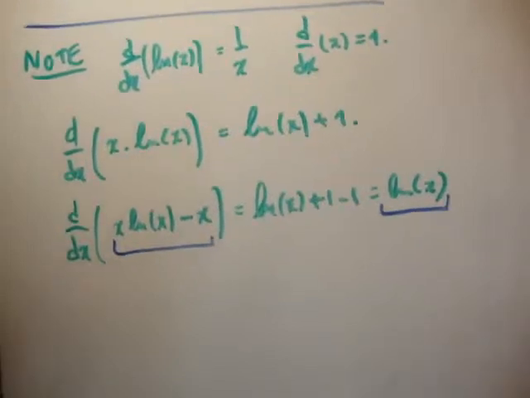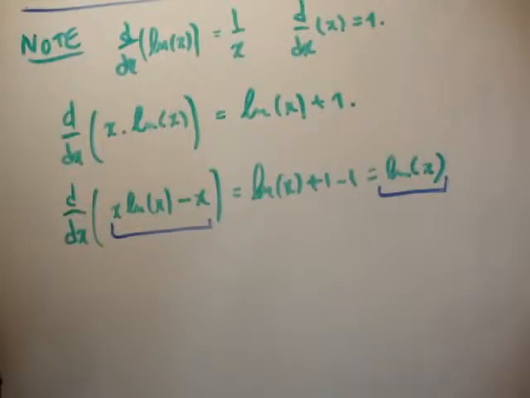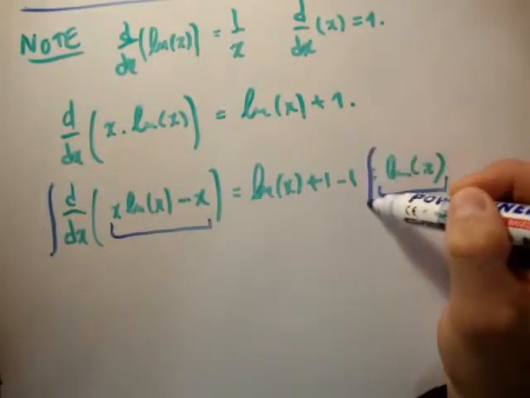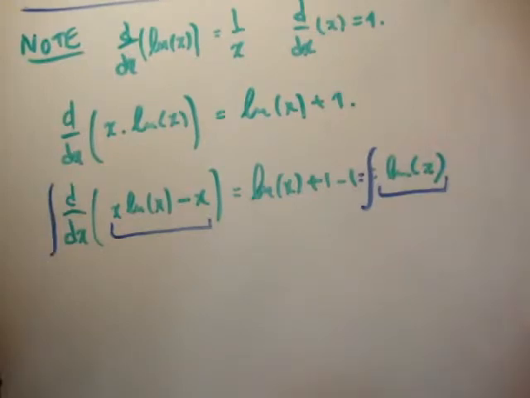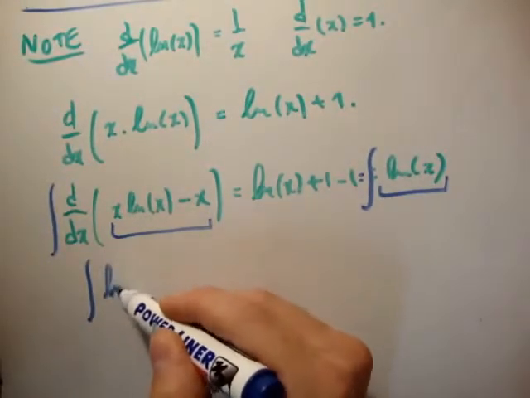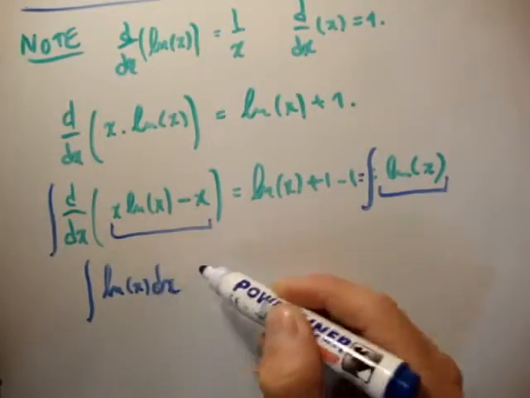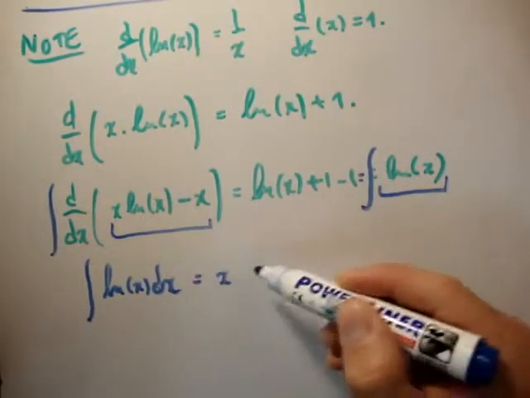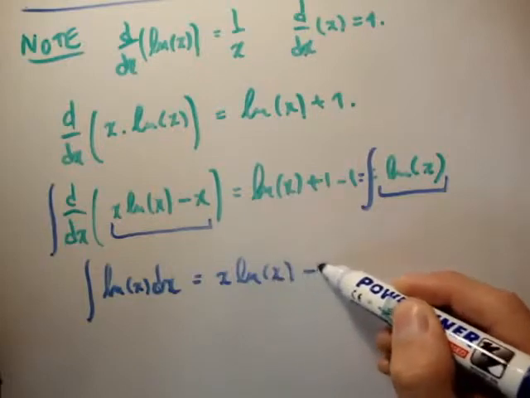Yes. Well, by taking the following observation. If we take an integral, so let's say we integrate this side dx, and we integrate this side dx, what do you get? Well, we find that the integral of the natural logarithm of x dx is equal to x natural logarithm of x minus x.